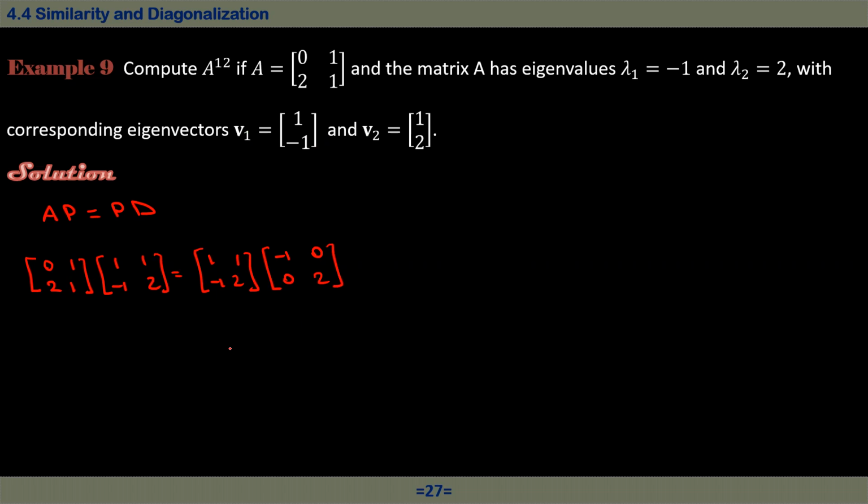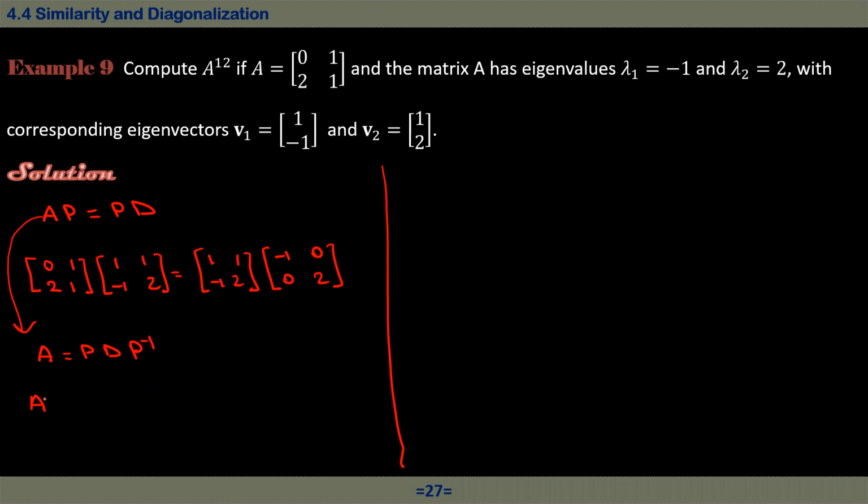Anyway, so how do you calculate this A to the power 12? Now, if you just multiply both sides by the inverse of P on the right, you can just write this A as P times D times P inverse. Okay, so we're going to calculate this A to the power 12.